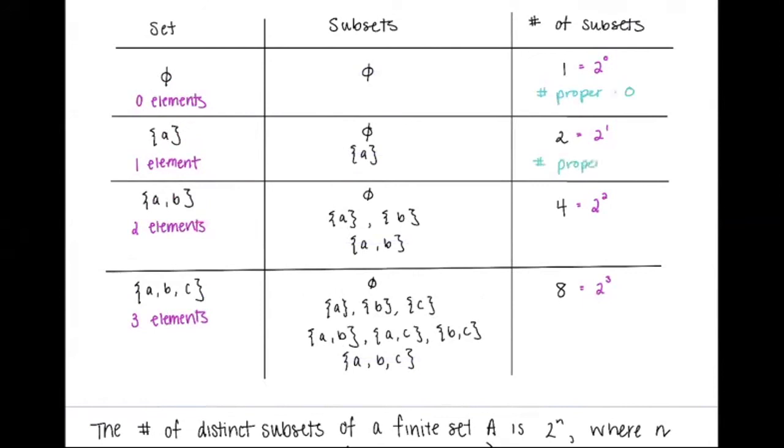Number of proper is I have to get rid of this one. So there is one proper subset. Here, I would get rid of the set AB. I have 3 that are proper. And in this last set, the number of proper is 7. So basically every single time I'm going to subtract just one set, which is the set itself.